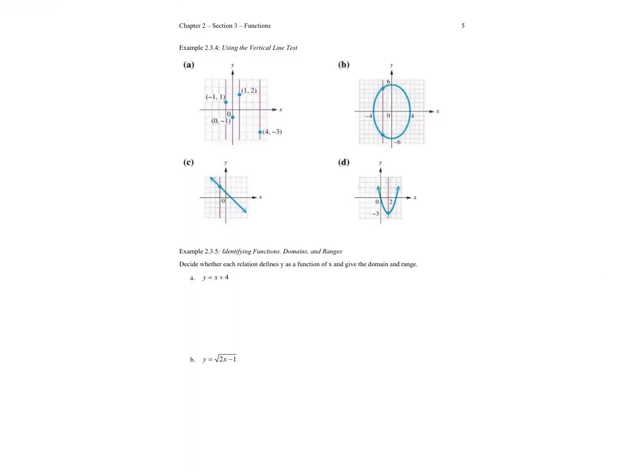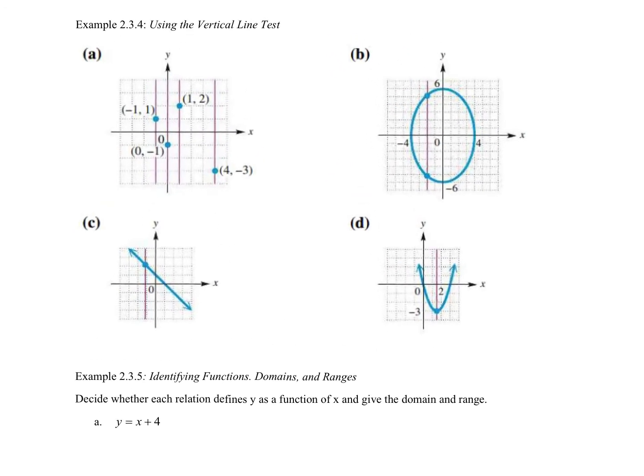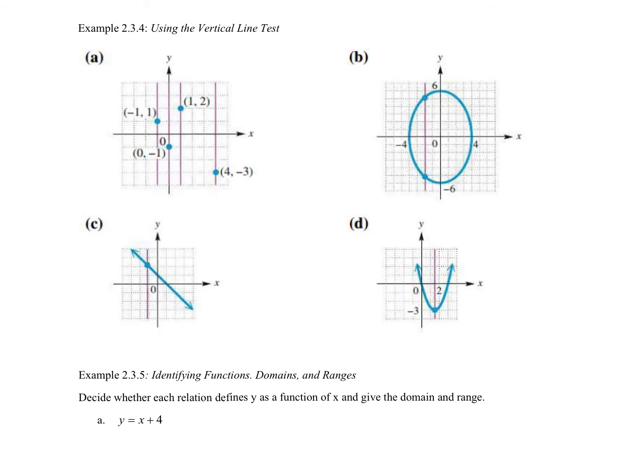So we're going to use the vertical line test on the next problems to see if I'm a function or not. And they actually already drew them in for you. Super nice. I'm just going to highlight them. So this vertical line right here, it only touches that one dot. This vertical line only touches one dot, and one dot. So this one is a function.